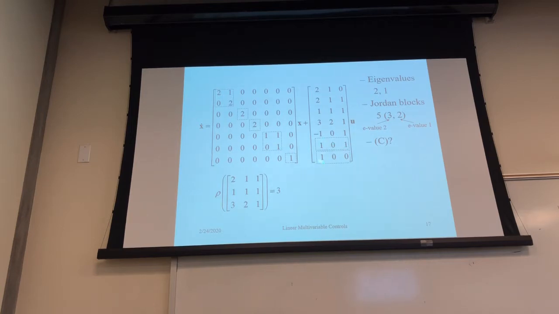You have 1, 0, 1, 1, 1. So this is full row rank. I have 2 rows, so if the rank is 2, then it's full row rank.